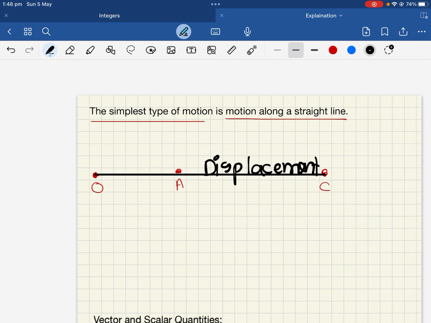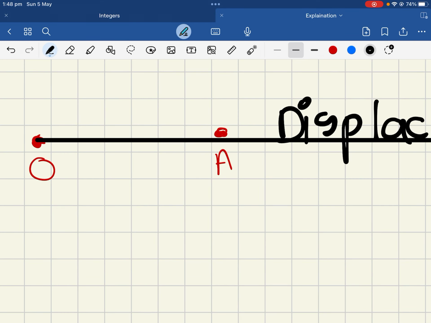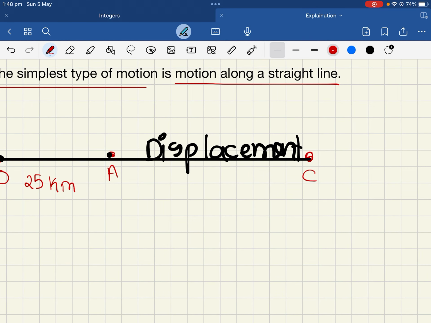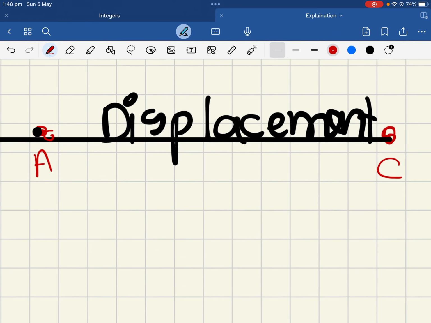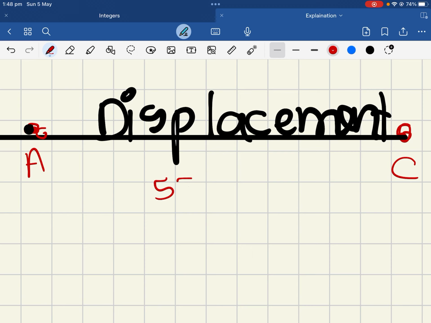Now suppose the distance between point O and point A is, let's say, 25 kilometers, and the distance between point A and point C is 55 kilometers.